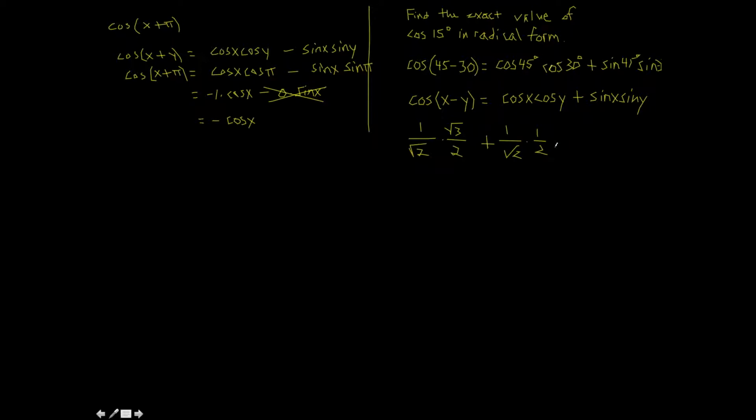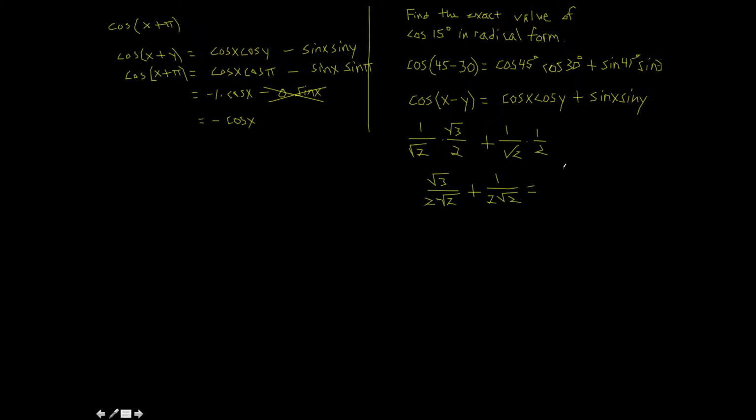Okay, so what we really have here is the square root of 3 over 2 square roots of 2 plus 1 over 2 square roots of 2. So what does that give us?